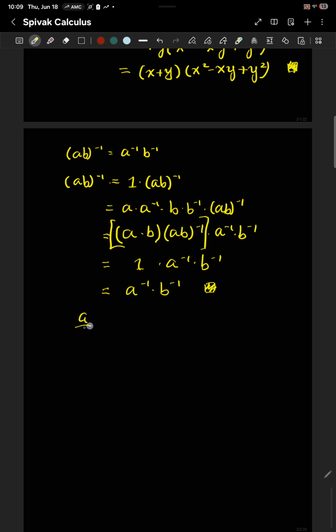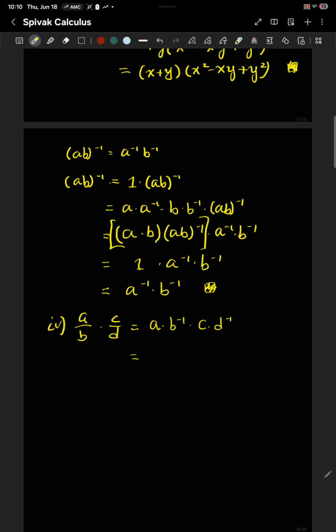Now A over B, this is problem 4. A over B times C over D is equal to AC over DB, if BD is not equal to 0. So BD is not equal to 0, so we can definitely divide by B or D. Let's start from a clean slate. This is equal to A times B inverse times C times D inverse.